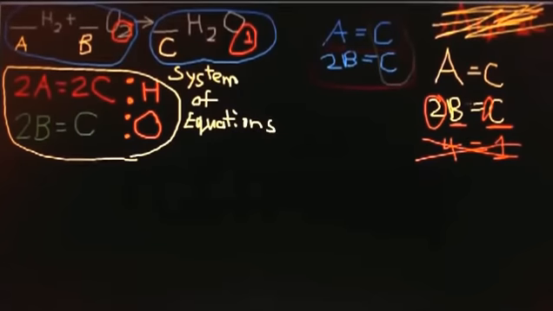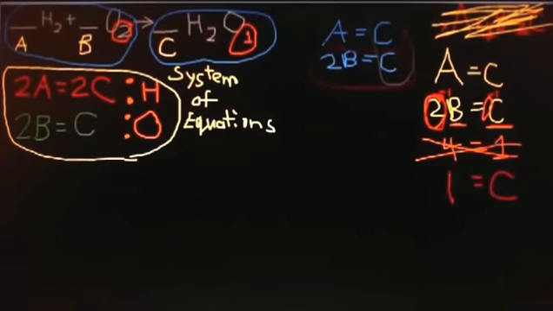So what we need to do is take the reciprocal of both coefficients. And if you took the reciprocal of 1, that's 1 over 1, which is just 1. So c stays the same.